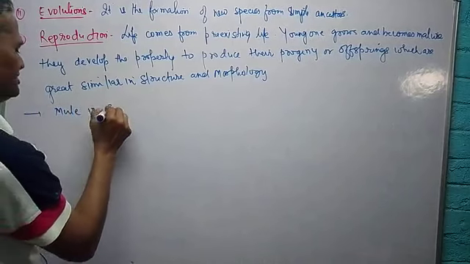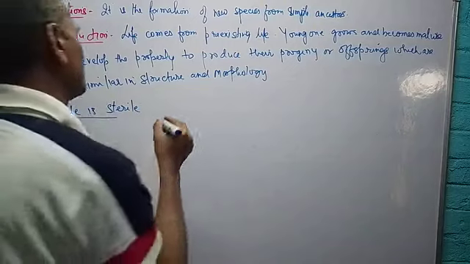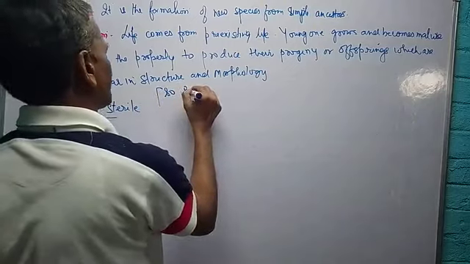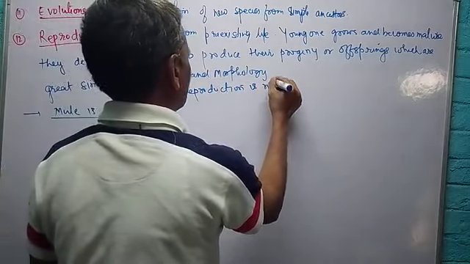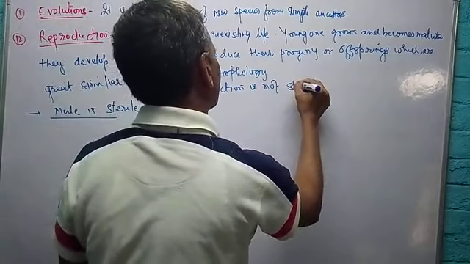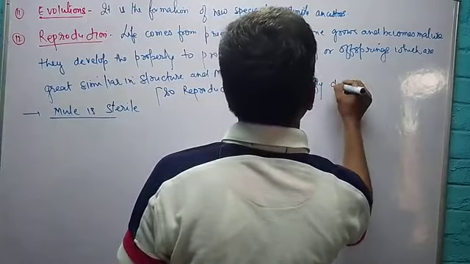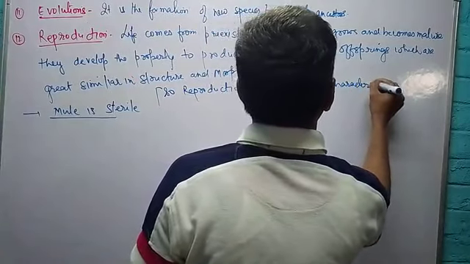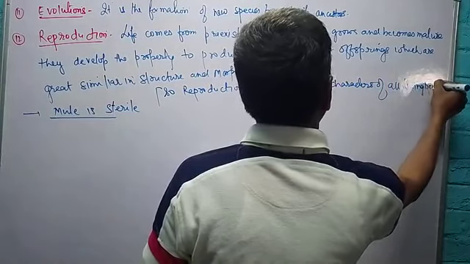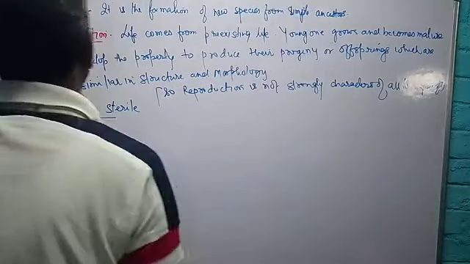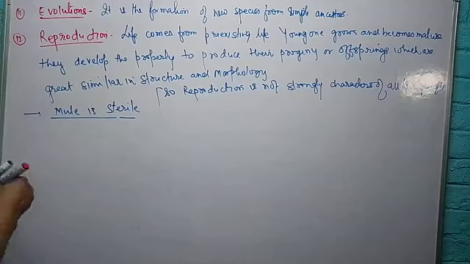Mules are sterile. So reproduction is not a strongly defining character of all living beings, because the mule is sterile.